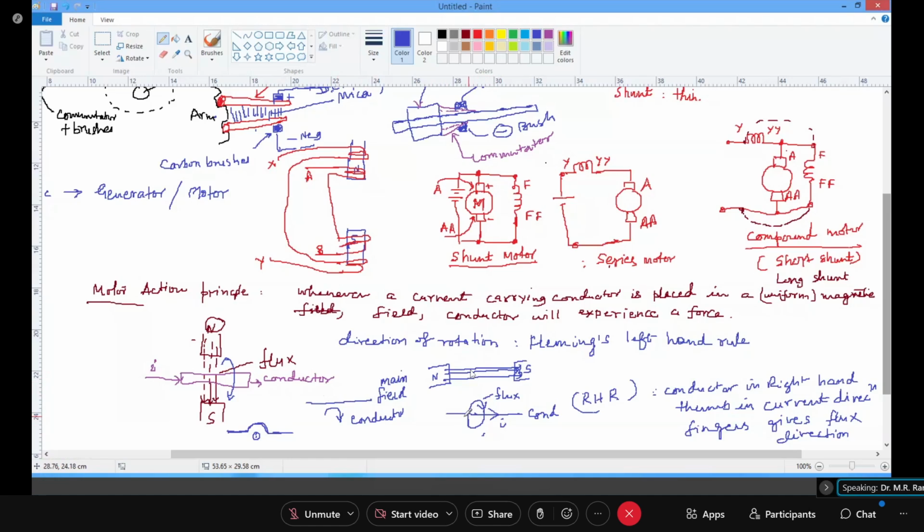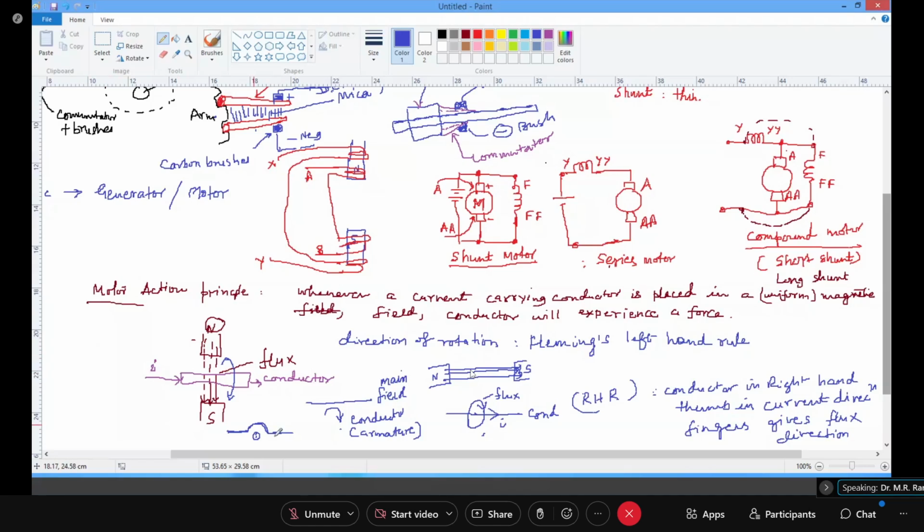Now because of the current flowing in a conductor, there is another field. We can call it a conductor field, or armature field. In simple terms, conductor in single. So two fields exist in the airspace.